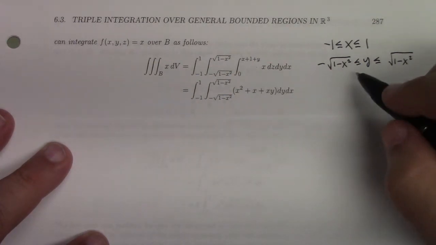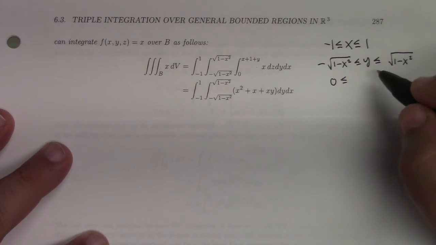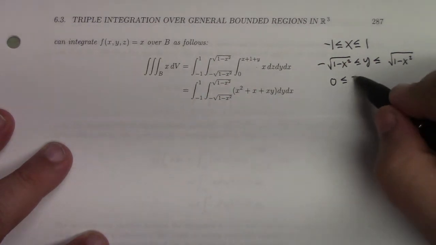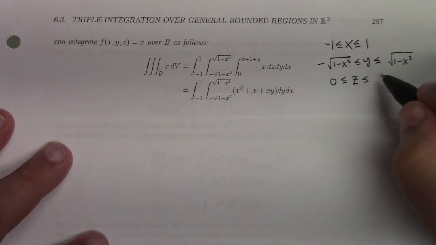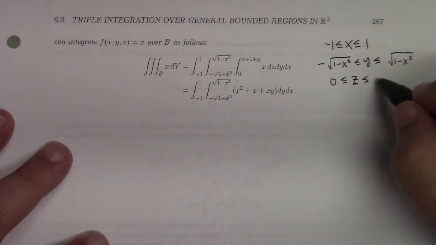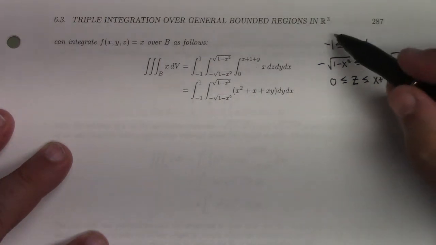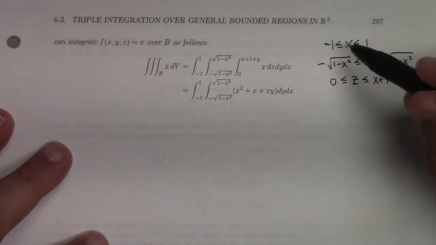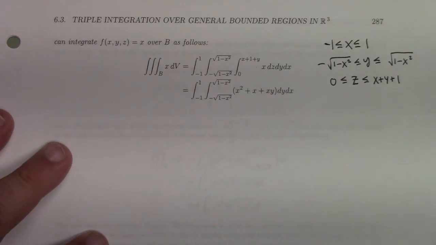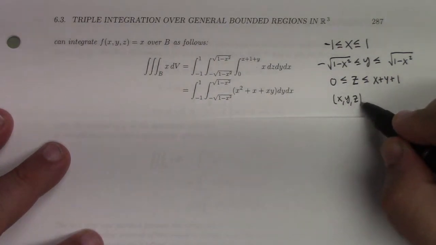And then finally the final cut, 0 less than or equal to z, less than or equal to, and what was the plane? It was x plus y plus 1 equal to z. So this set of three inequalities just collectively describes x, y, z being an element of the volume.